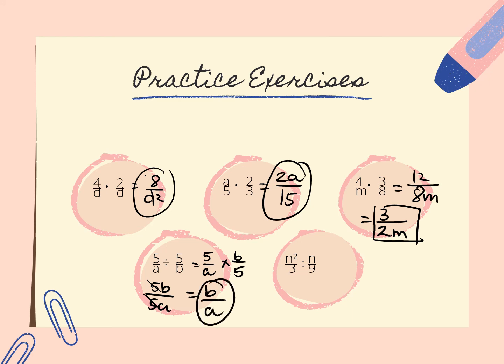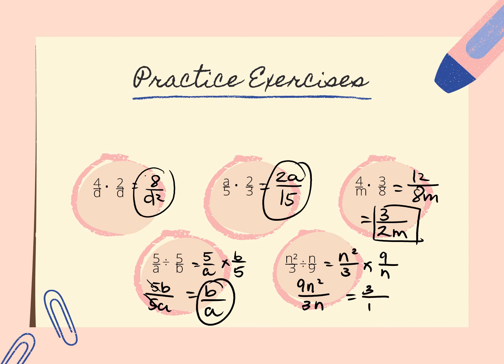And for the last one, let's rewrite. So n squared over 3 times 9 over n. Let's now multiply. So we have 9n squared over 3n. Obviously 9 and 3 can be reduced to 3 over 1.